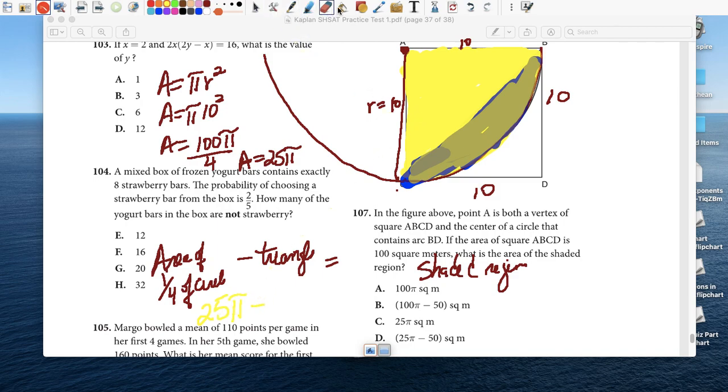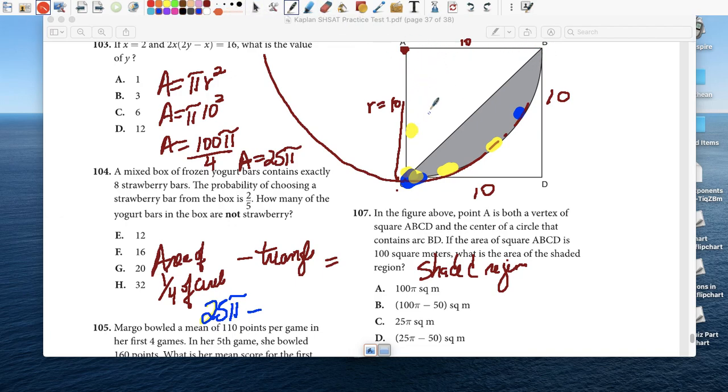Minus now the area of the triangle. This is 25 pi, and we've got to figure out the area of the triangle. Now you can see it clearly, right?